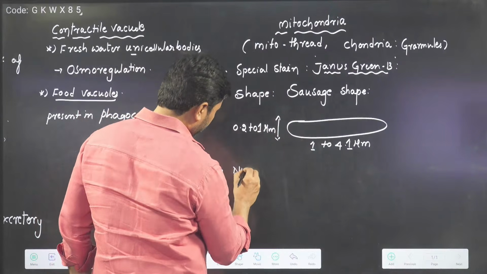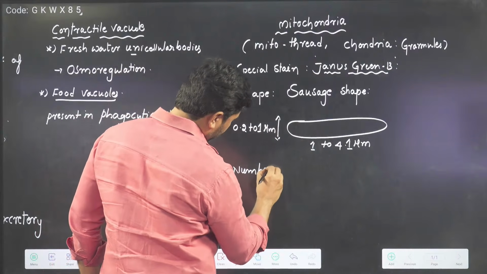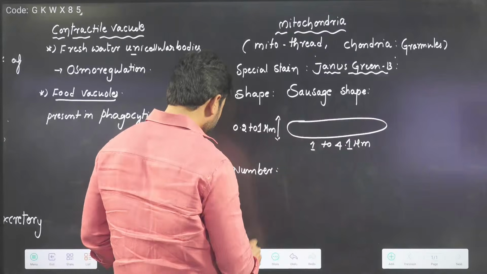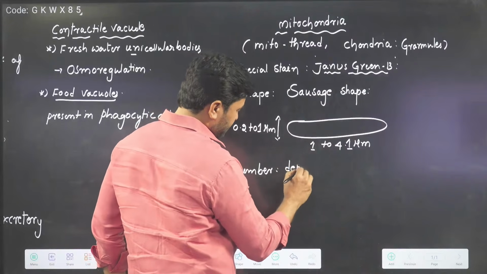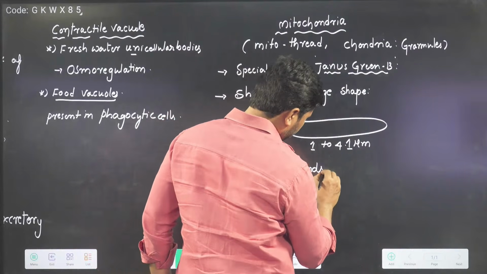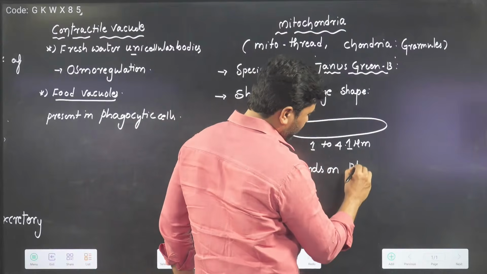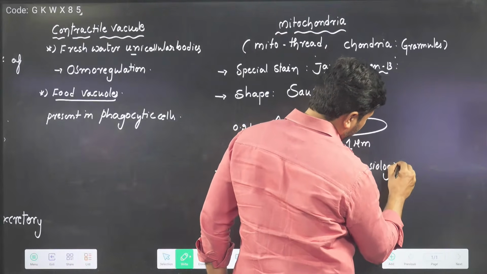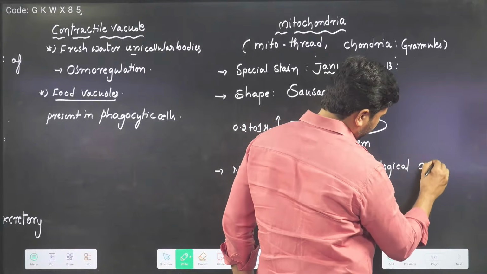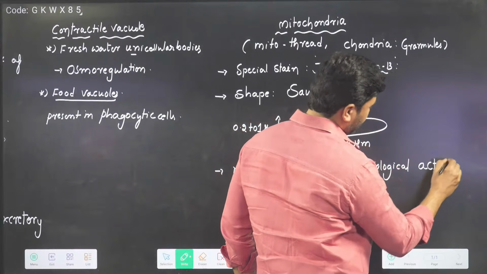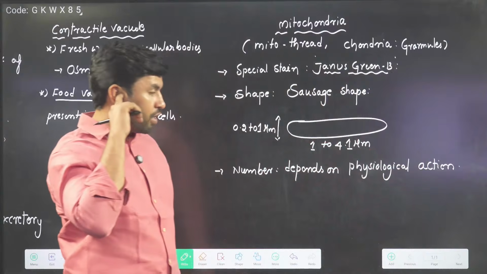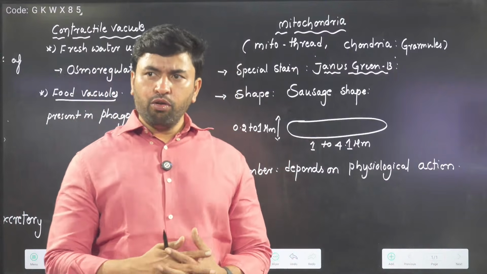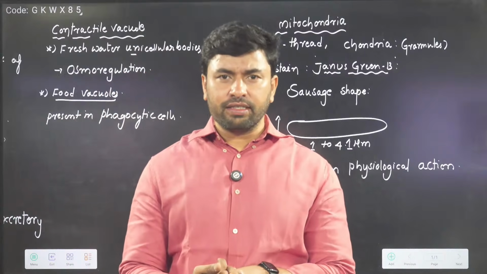Number. In a cell, the number depends on physiological activity or physiological status. That means how active the cell is. That decides how many mitochondria are present in a cell.